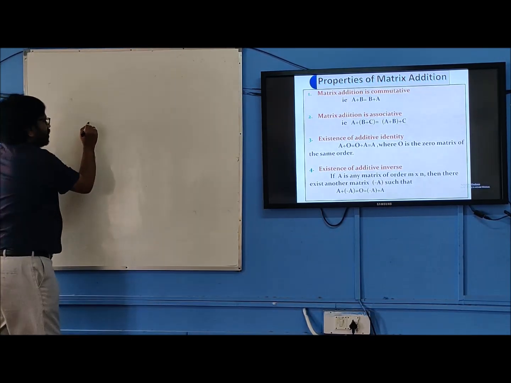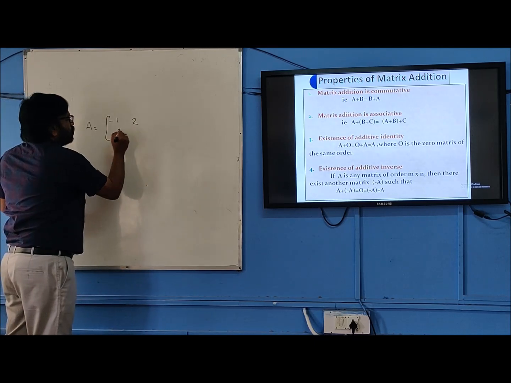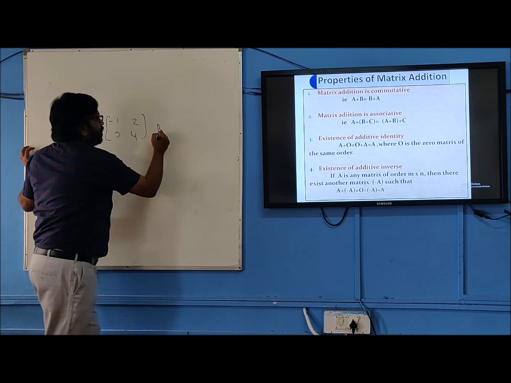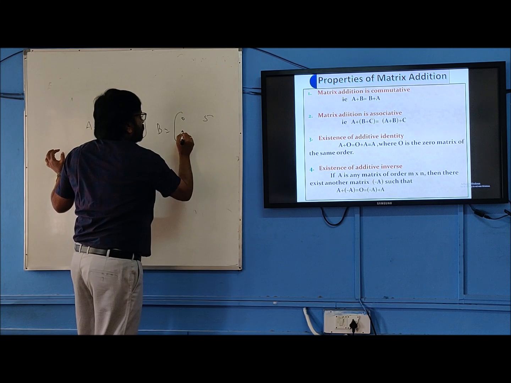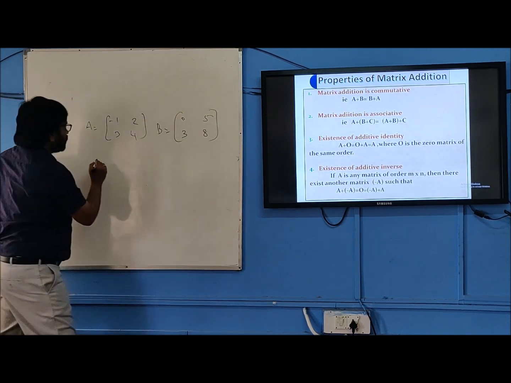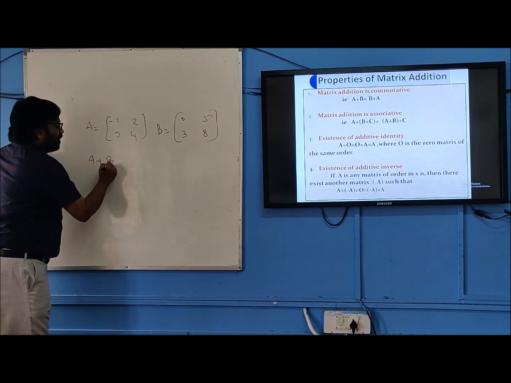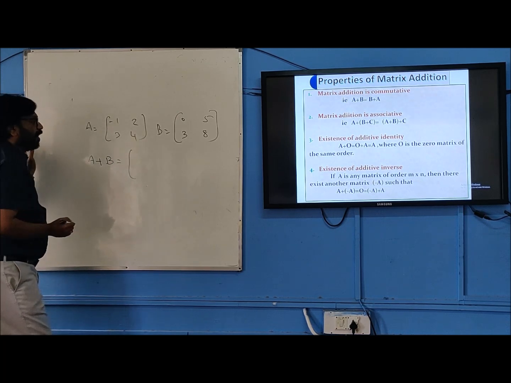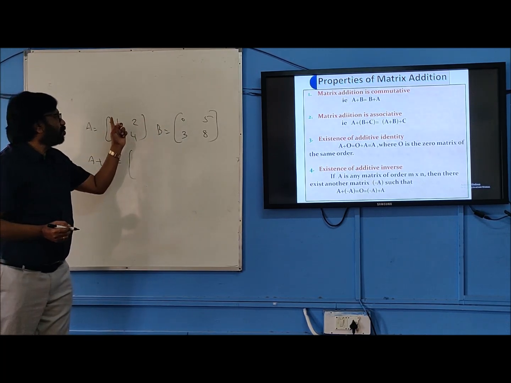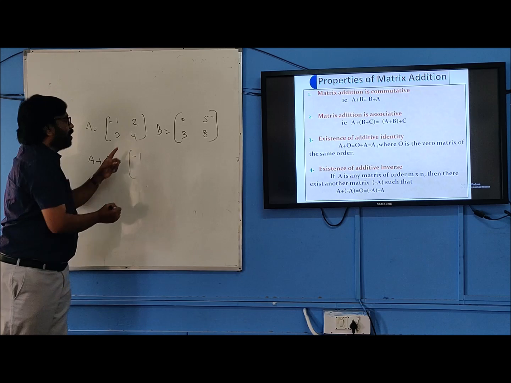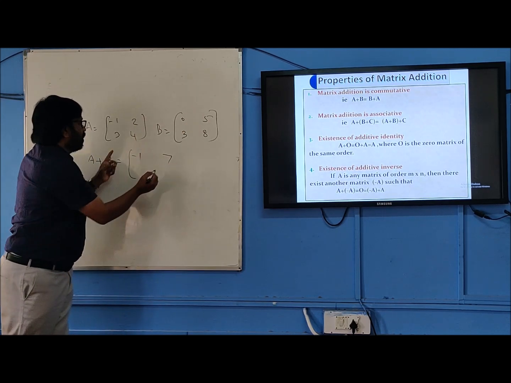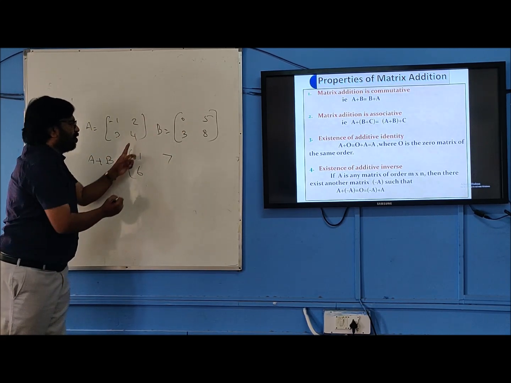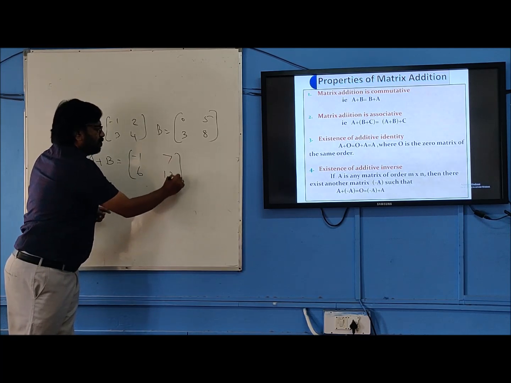Commutative means, suppose A is the matrix minus 1, 2, 3, 4 and B is the matrix 0, 5, 3, 8. Then what is A plus B? A plus B is the matrix obtained by adding the corresponding elements. Minus 1 plus 0, minus 1; 2 plus 5, 7; 3 plus 3, 6; 4 plus 8, 12.